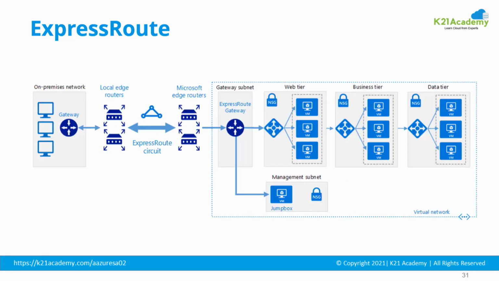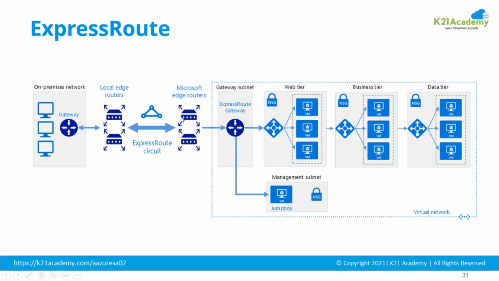On the left-hand side, there's something called a gateway, which we'll talk about. This gateway at the customer premises is represented in Azure as a local network gateway, which we'll talk about later. This is a gateway on the customer side, and the customer will have some devices that they need to put in their data center, which talk to one end of the ExpressRoute circuit.